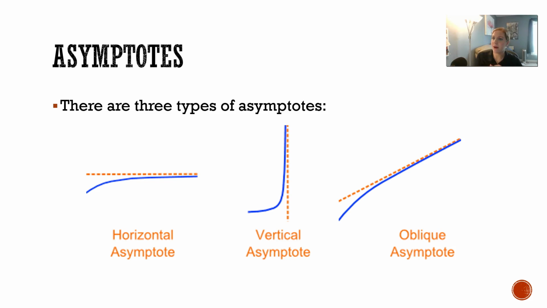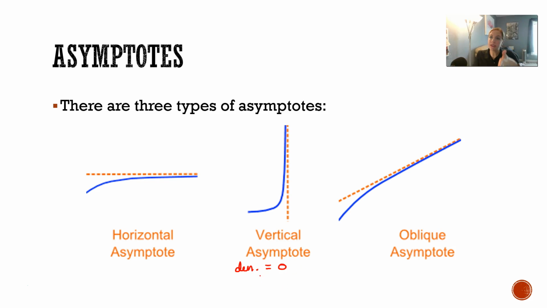Now, when we're talking about asymptotes, there are three different types: a horizontal, a vertical, and an oblique asymptote. I want to start with the vertical asymptotes. The vertical asymptotes are the values that make your denominator equal to 0.